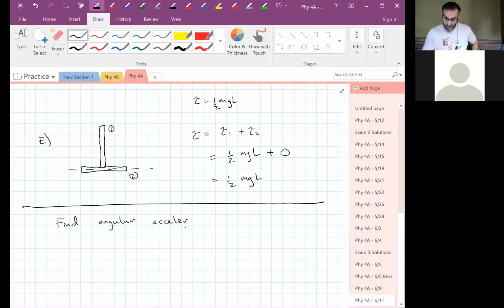The torque from one, we're talking force times lever arm. The force is the force of gravity, mg. And the lever arm is L over 2. It's right there, right? The force of gravity is down into the page, and the lever arm is this distance right here.